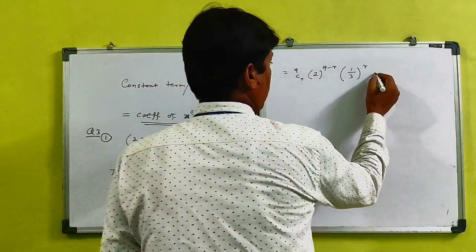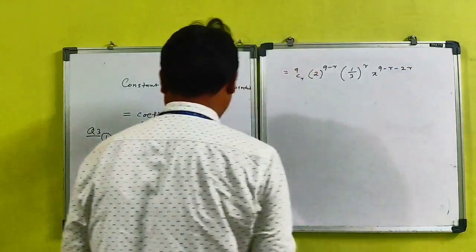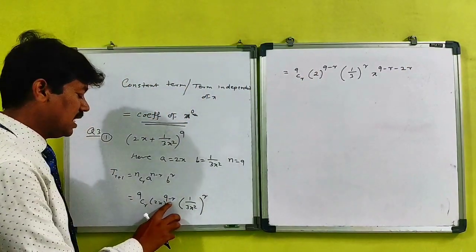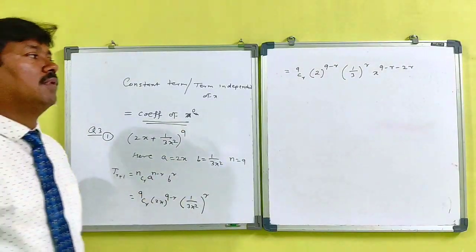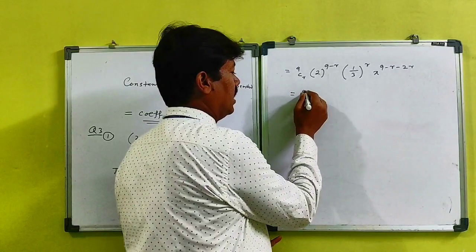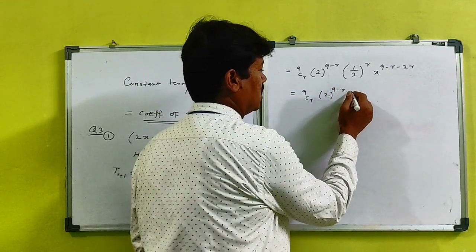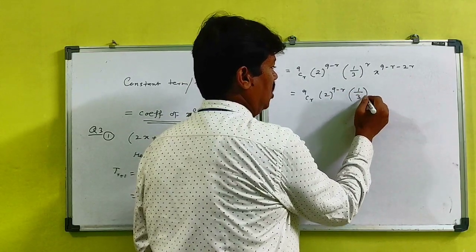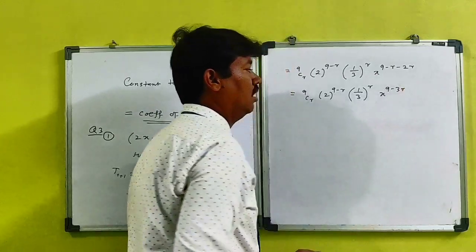So that becomes x raised to 9 minus R minus 2R. This is 9 minus R and this is 2R, that goes to 9 minus 3R basically. So this is the term, that becomes 9CR, 2 raised to 9 minus R, 1 upon 3 raised to R, x raised to 9 minus 3R.